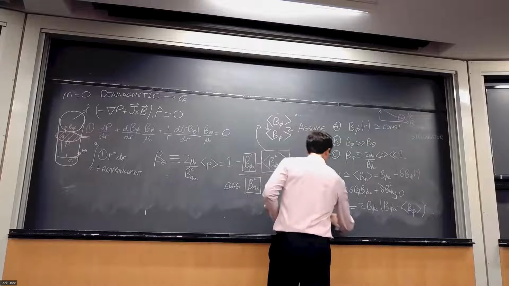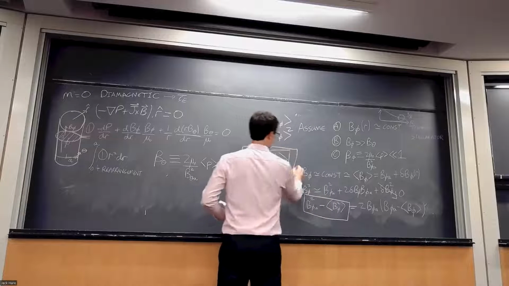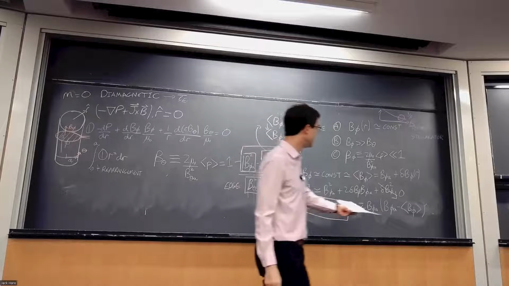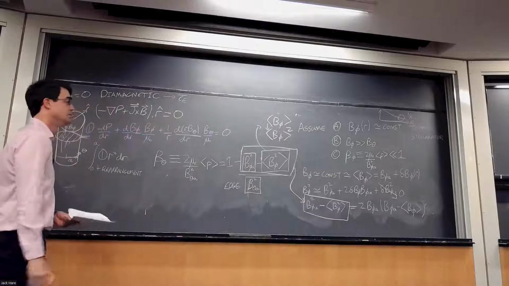Conveniently, this term here is the same as this term here, but we've now rewritten it in terms of things which we can measure. So we can now finally make some progress.